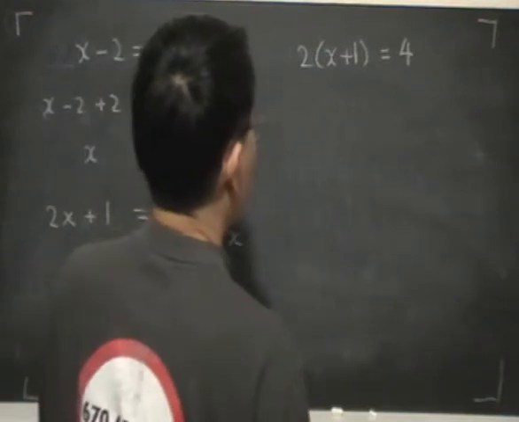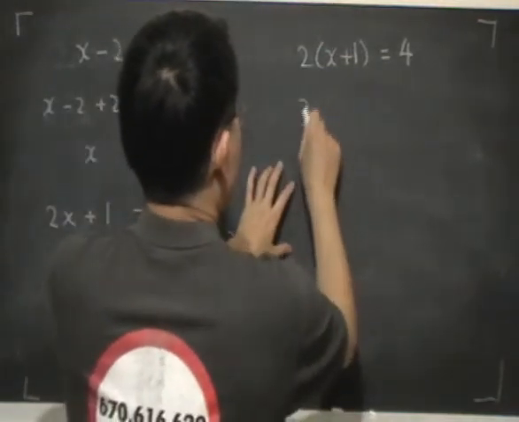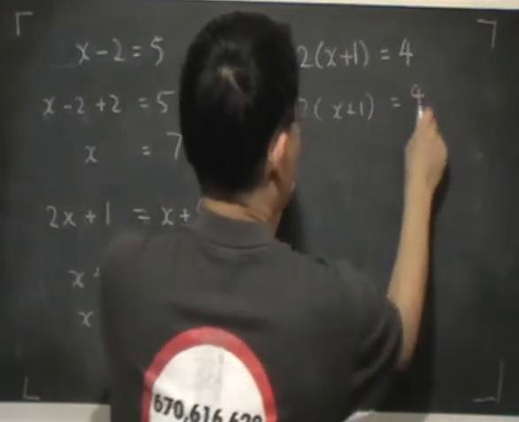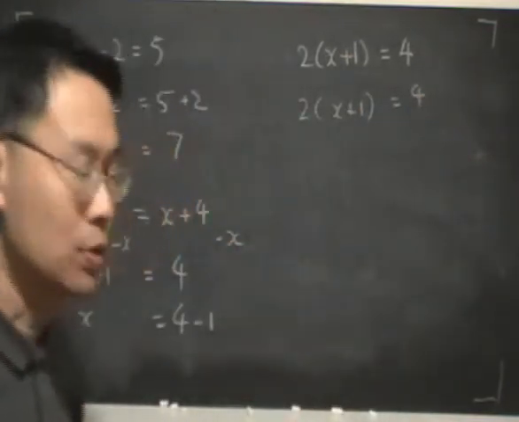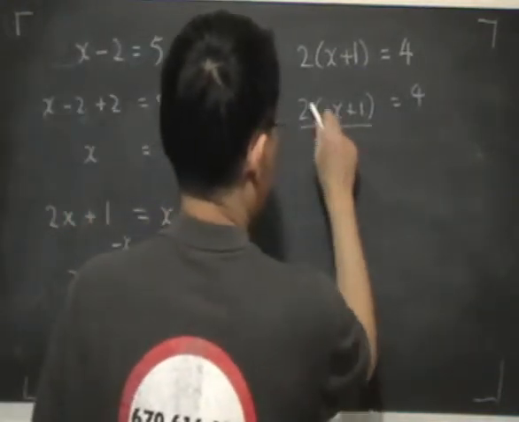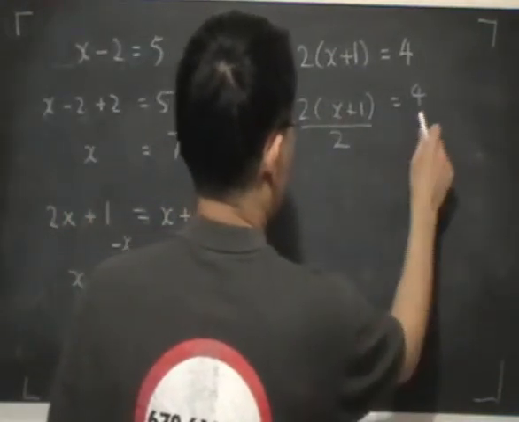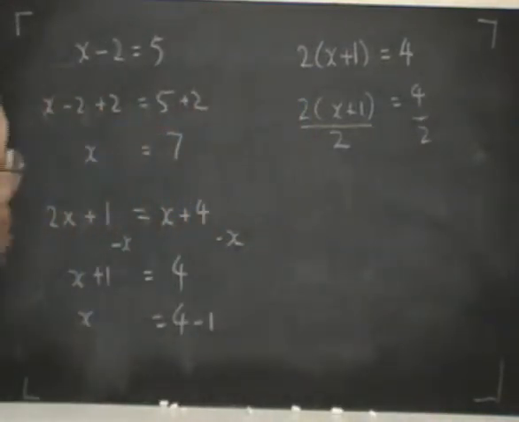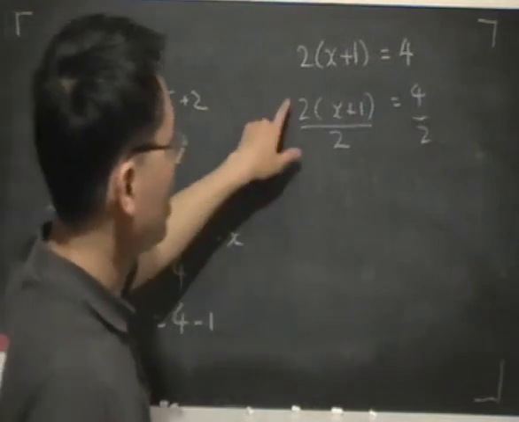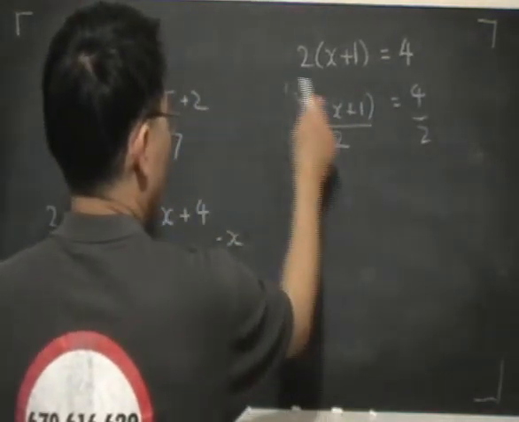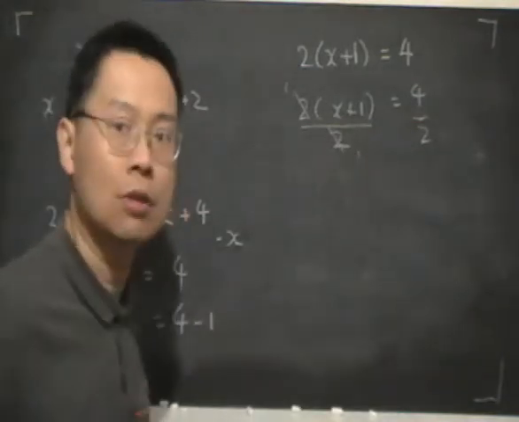So what would that look like? If I divide both sides by 2, it looks like this. The whole of the left side is divided by 2, and the right side is also divided by 2. Then I can cancel the 2, divide by 2 at the top and divide by 2 at the bottom to give 1.